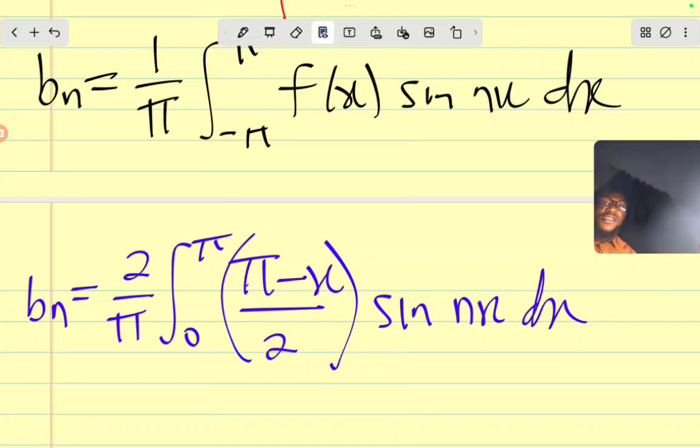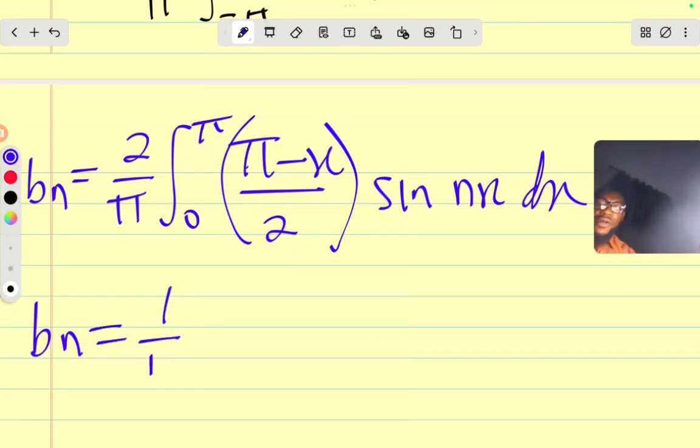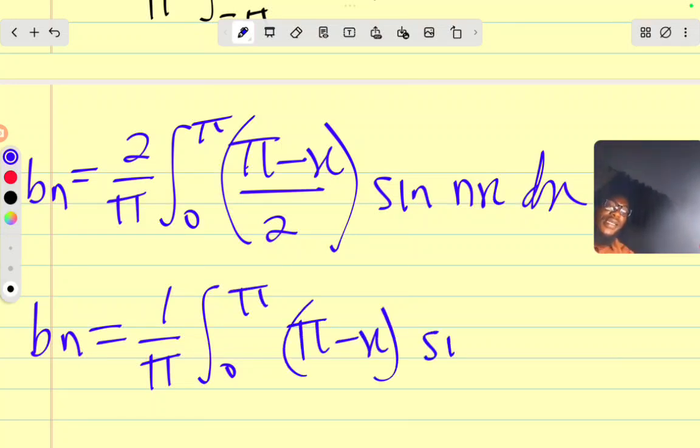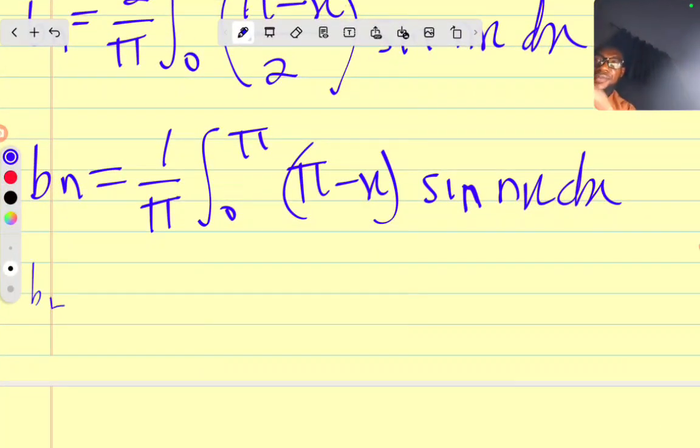If you look at this carefully now, you can see that these two can cancel out these two. So therefore, our Bn now is 1 over pi, the integral from 0 to pi of pi minus x sine nx dx. This can be written as Bn is the same thing as 1 over pi, the integral from 0 to pi.